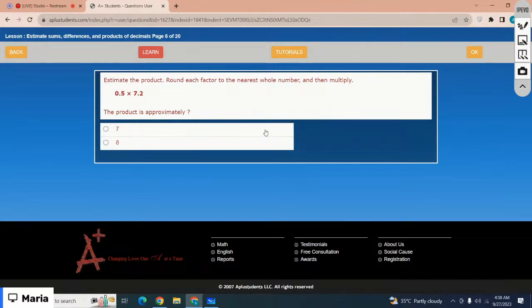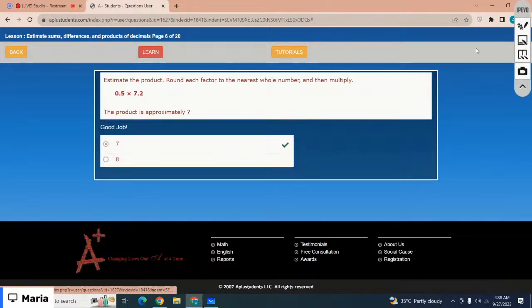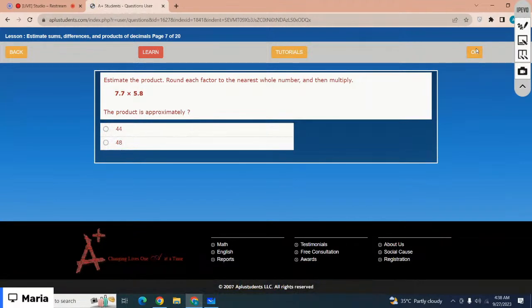The correct option is 7. 7.7 times 5.8. You have to multiply, right? Yes, it is 48.